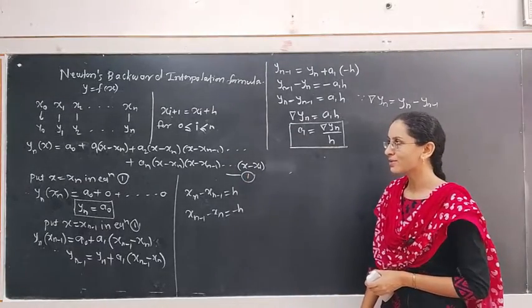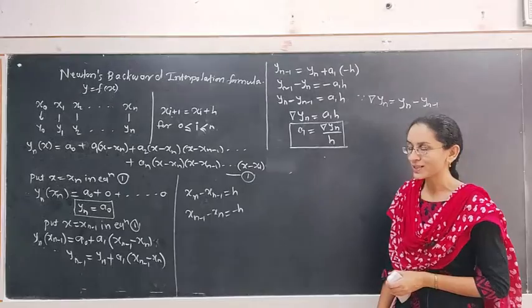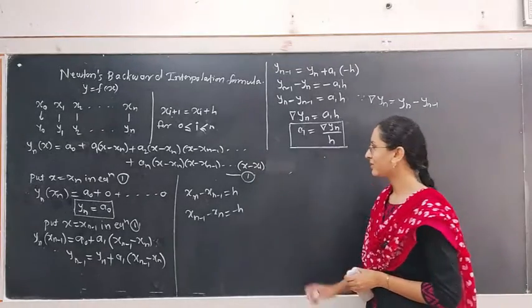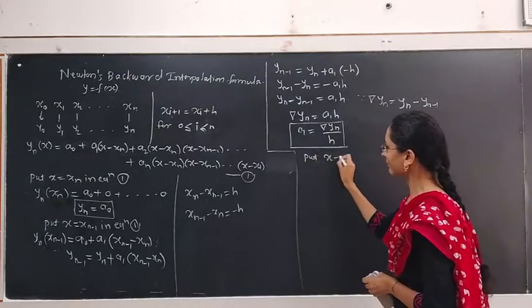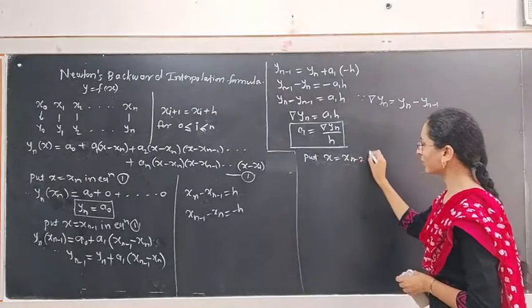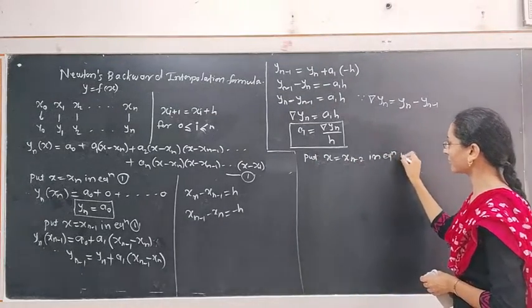To get the next constant, we put x is equal to x_{n-2} in equation number 1.